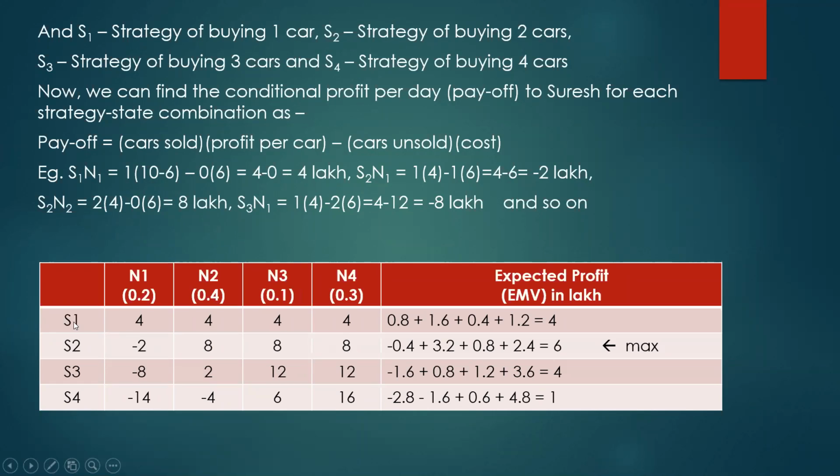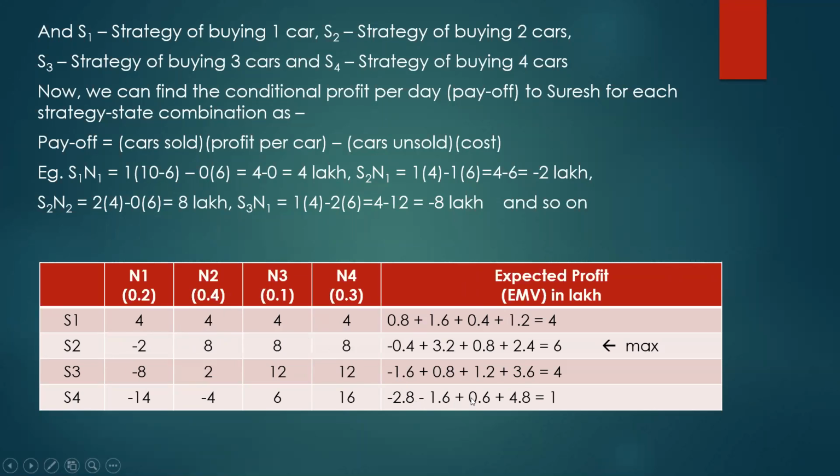If you look at the first one here, because we have bought only one car, unsold is 0 in case of when there is a demand of two cars. That's the reason these values remain 4 here. And similarly, if I have the strategy of buying two cars, once we get this value 8, we know that 2 are going to get sold. So this remains 8 throughout.